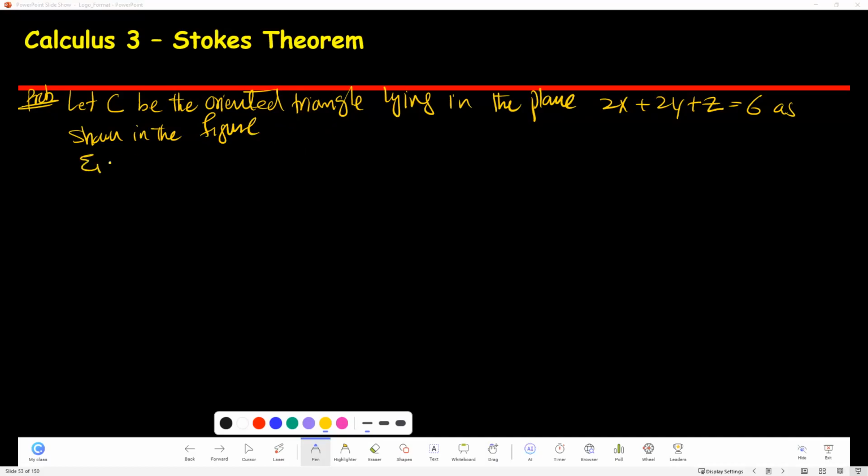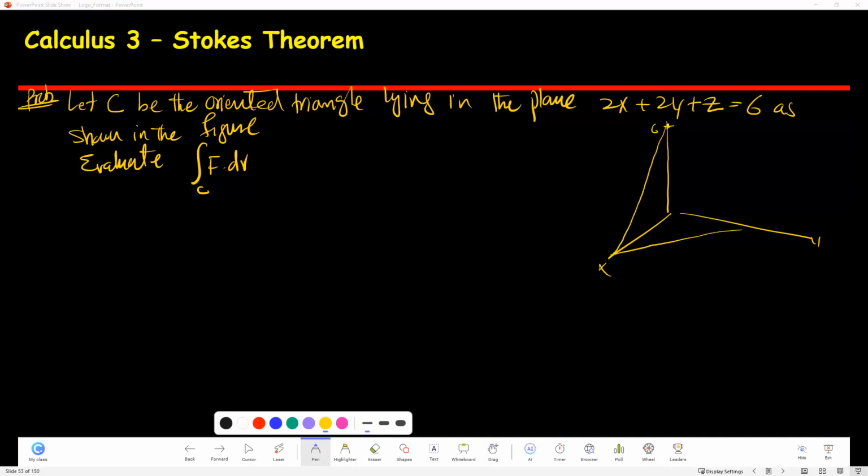Evaluate this. Okay, and the figure will look like this. And this triangle is going to 6 here. This is my surface. It goes 3 here, goes up to 3 here.